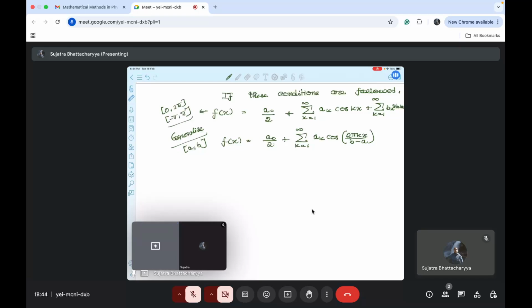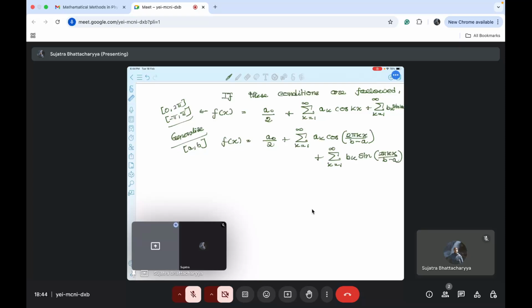For the general interval, plus the sum over k equal to 1 to infinity of bk sin(2 pi k x divided by (b minus a)).